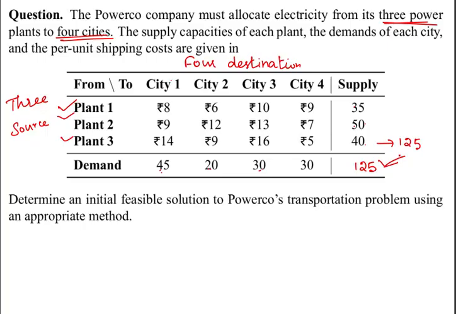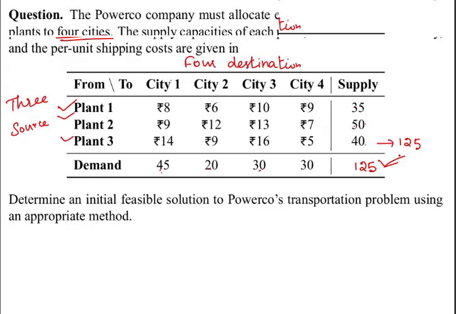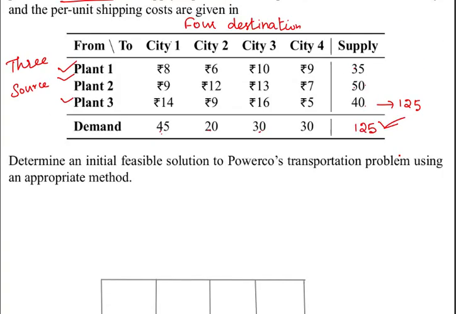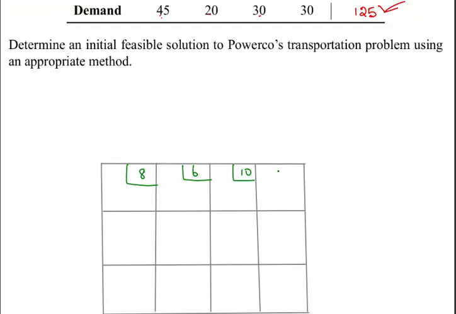Now I want to make the table of the costs. Plant 1 to city 1 is 8 rupees. Plant 1 to city 2 is 6 rupees. Plant 1 to city 3 is 10 rupees. That is the given, so I am just copying.